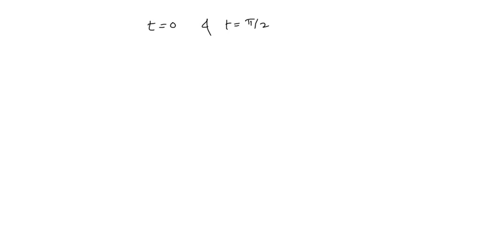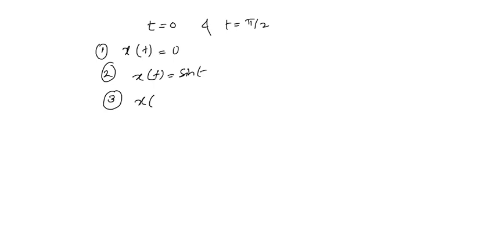It is easy to verify that the solutions corresponding to the three sets of conditions are: x of t is equal to 0 for condition 1, x of t is sin t for condition 2, and x of t is c2 sin t for condition 3, respectively existing on minus infinity to infinity.